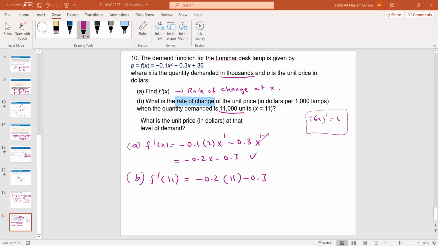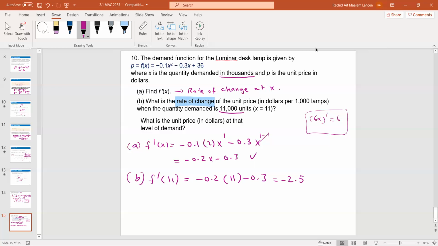And that should be negative 2.5. So what does that mean? It means it is decreasing at the rate of 2.5 per 1,000 lamps.